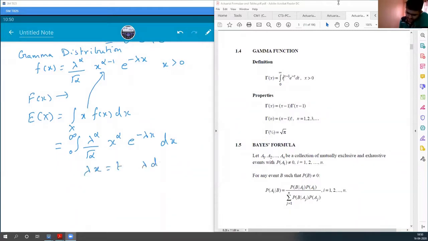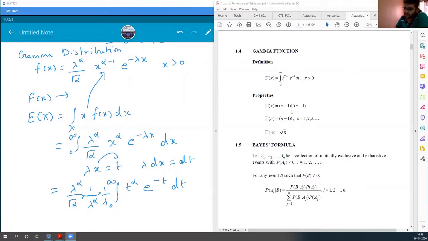So lambda times dx becomes dt. Here my x I need to transform into t, so I will have t raised to alpha, divided by lambda raised to alpha, e raised to minus t, and dt divided by another lambda. So the constants I took out.